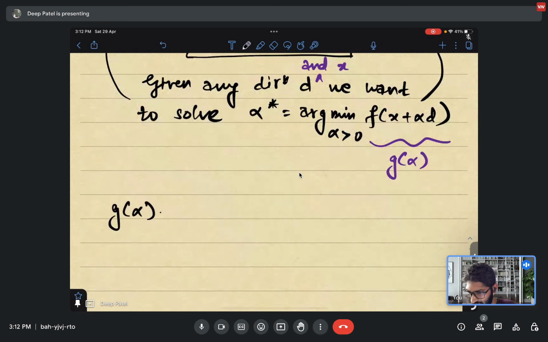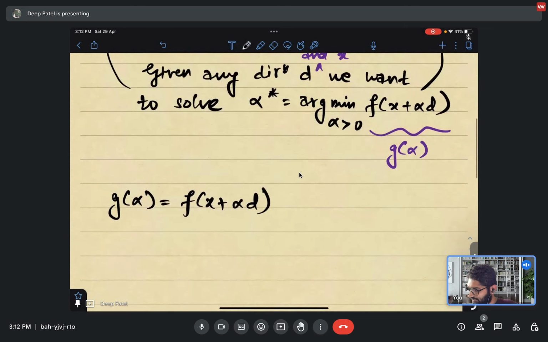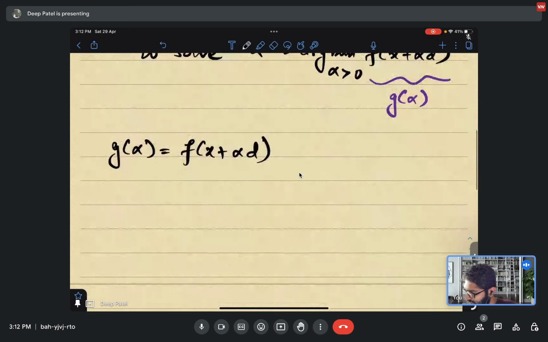So what is g of alpha? I'll write it once more. F of x plus alpha d for a given x and d. F is a quadratic function, so I'll just plug in this value of x.